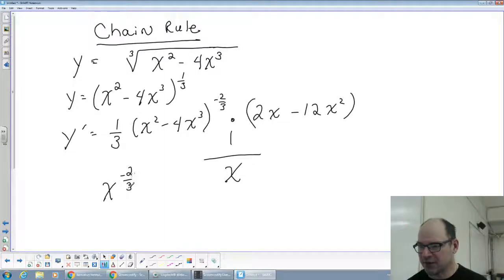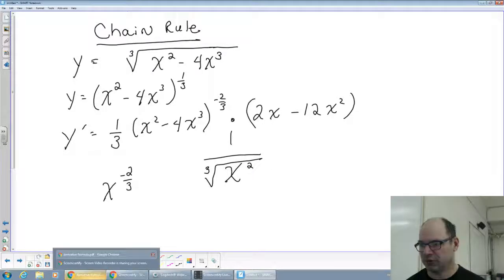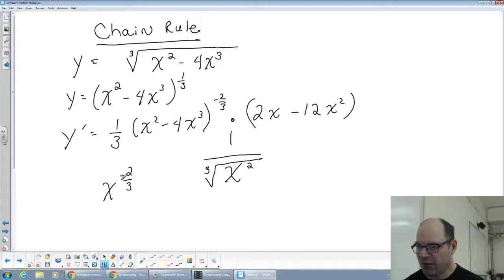And the denominator represents what's in the notch of the root. That goes in the notch, and this number goes here with the expression. The negative simply means you have to put it on the bottom of the fraction.